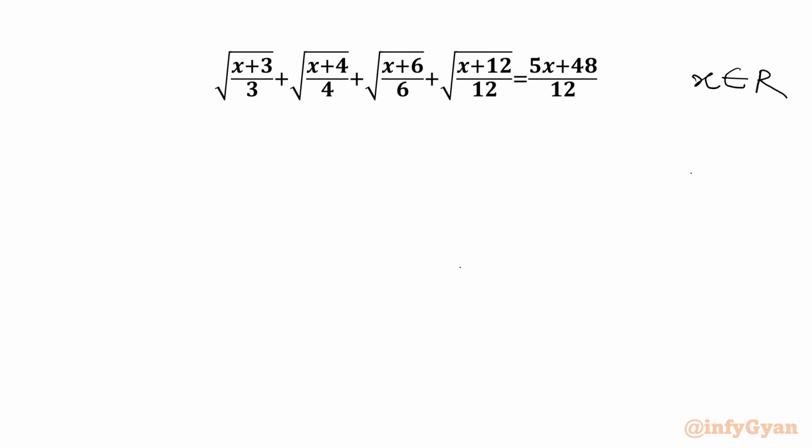We have the square root of (x plus 3 over 3), plus the square root of (x plus 4 over 4), plus the square root of (x plus 6 over 6). So let us split numerators with respect to their denominators.